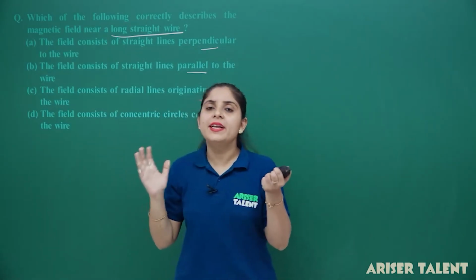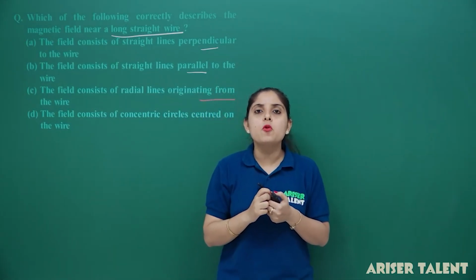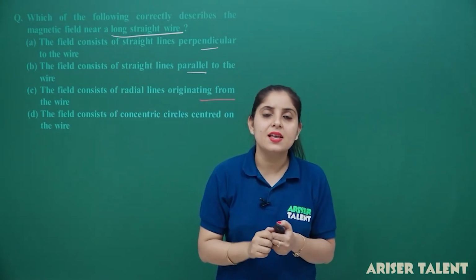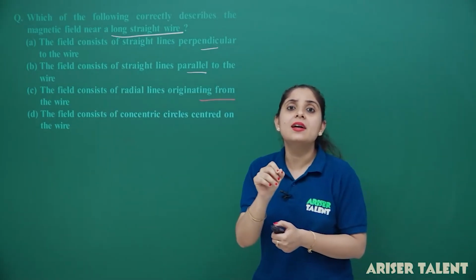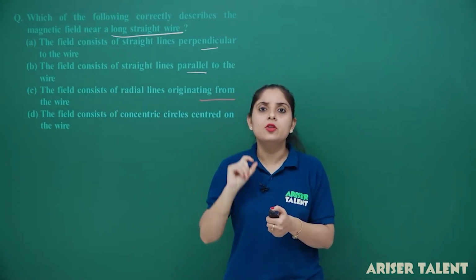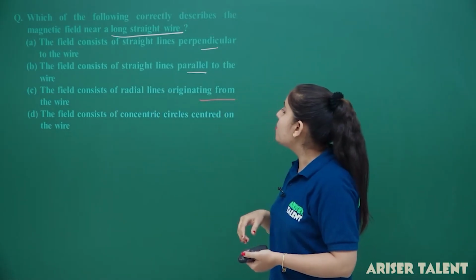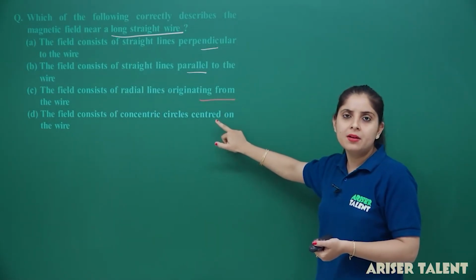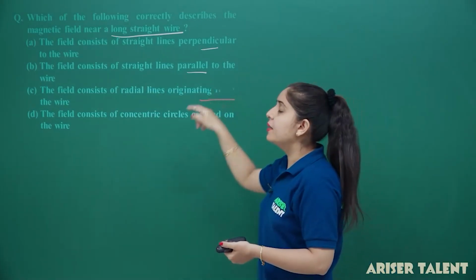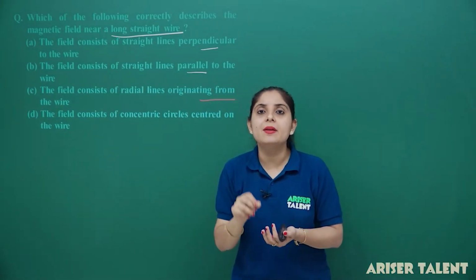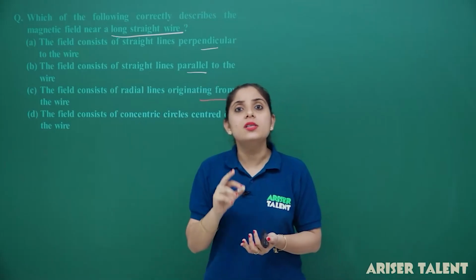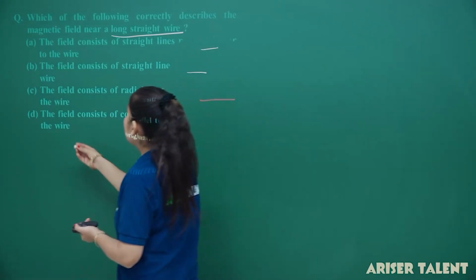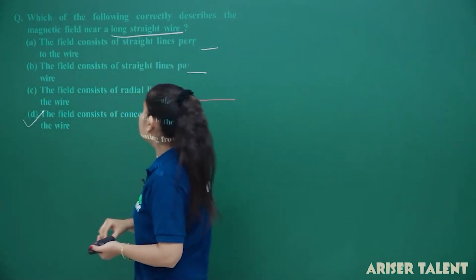Due to a straight conductor, the magnetic lines of force are actually concentric circles, and the center of these circles lies on the length of the wire. So among all these options, the correct option is option D, because due to a straight wire you get magnetic field lines that are concentric circles.